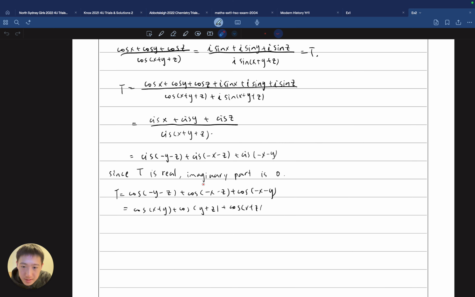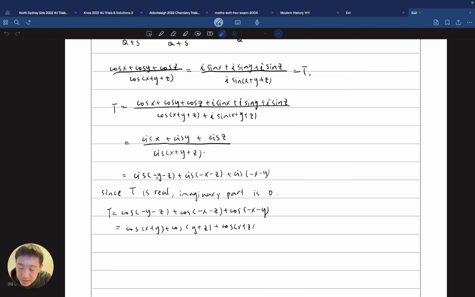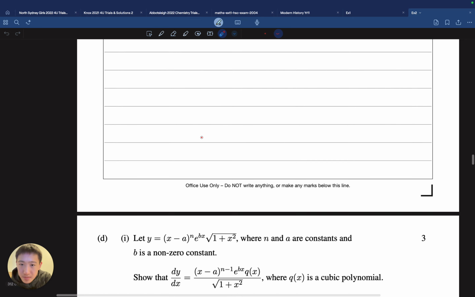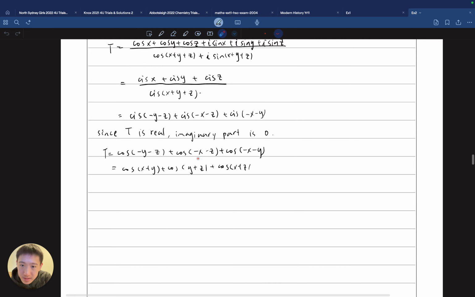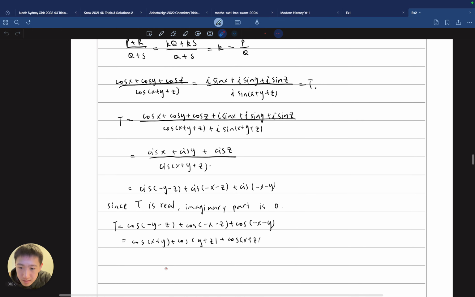So we can say that the imaginary part is 0, and the question could have let you show that the imaginary part is 0. So if we basically say this is sine, they added together would be 0. You can try this, because it's another thing the question could have asked you. Now they didn't ask you this, so you can say that the imaginary part is 0.